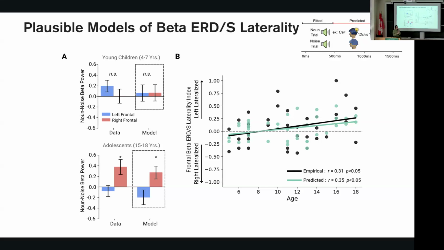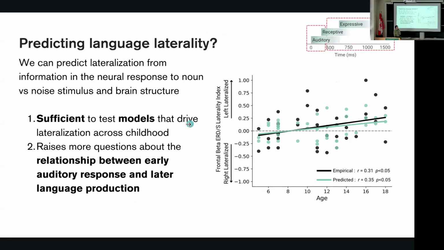And so what this tells us is that, one, we have a model that is sufficient to investigate what drives beta ERD-ERS laterality. But also, interesting to note, it's telling us something about the relationship between early neural responses to an auditory stimulus and later oscillatory changes.